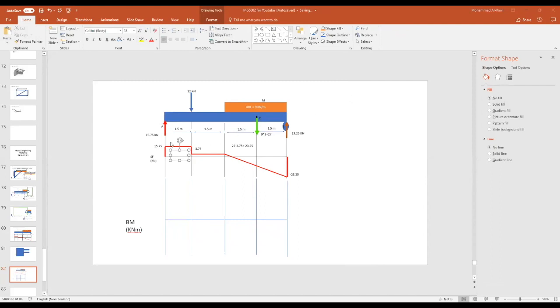The first area is positive, right? So I'll bring here area 1, call it, equals to what? 15.75 times the distance, which is 1.5 meters. Please, guys, I don't have a calculator. I really appreciate your help. I can't find my calculator.